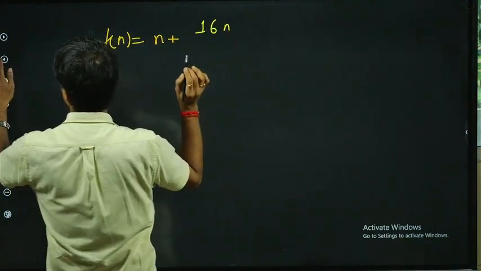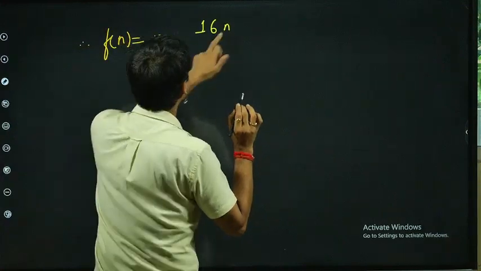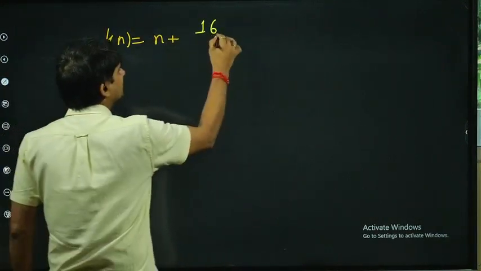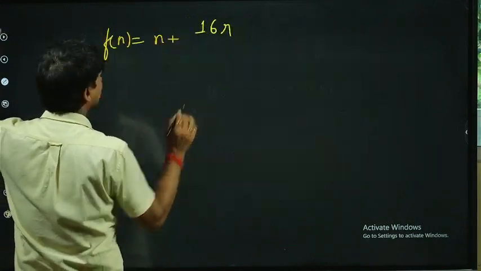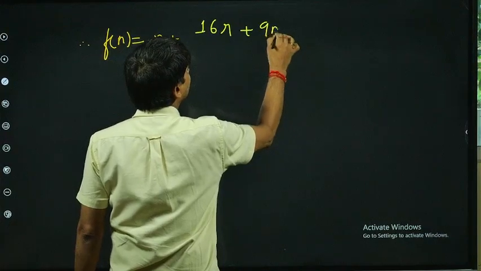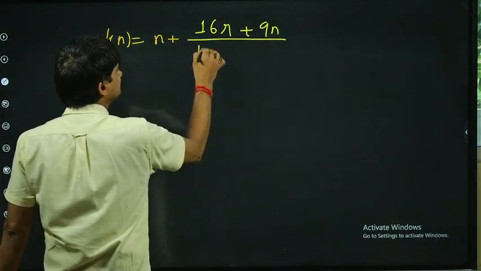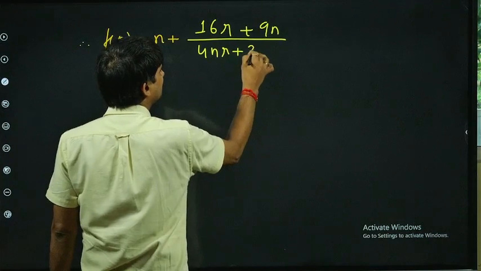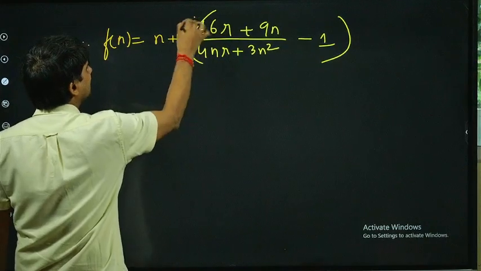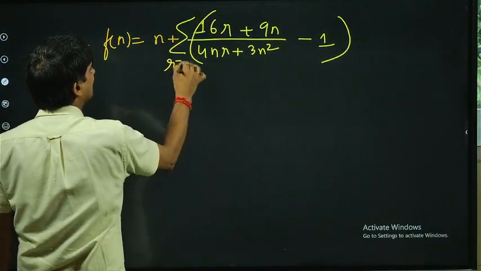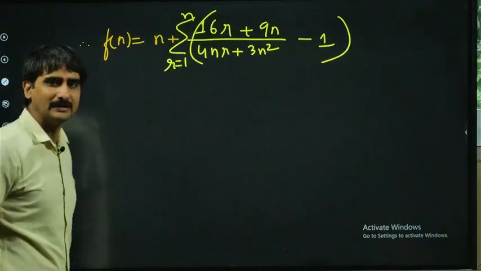16r, and then it is plus 9n upon 4nr plus 3n square. Shall I write it as minus 1? And it's all within summation, r goes from 1 to n. All of you agree?